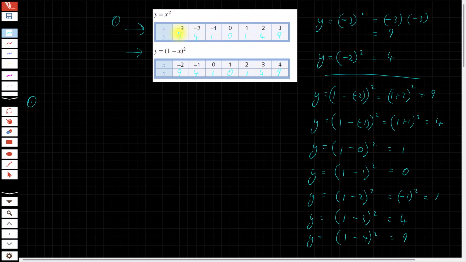And we note that x goes from -3 to +3, and y goes from 0 to +9. So we need to give ourselves a bit of space here. So our y is all positive, but our x is negative.